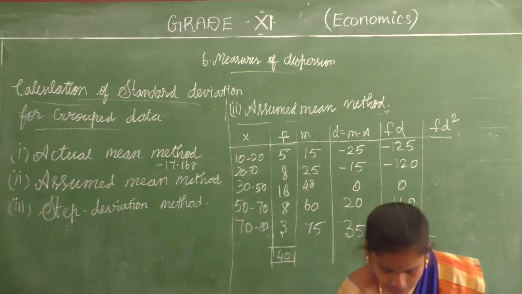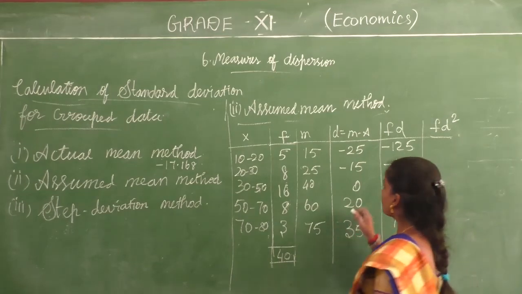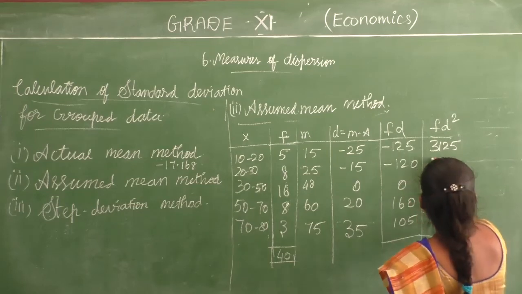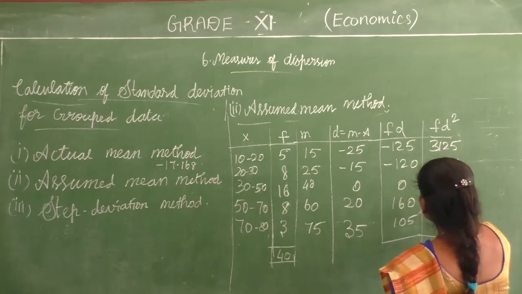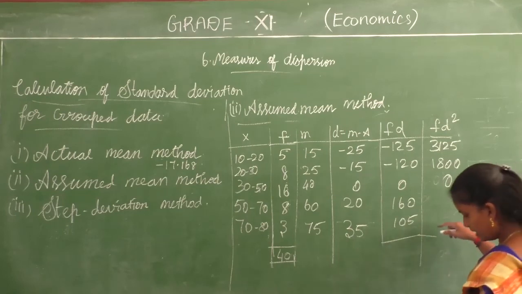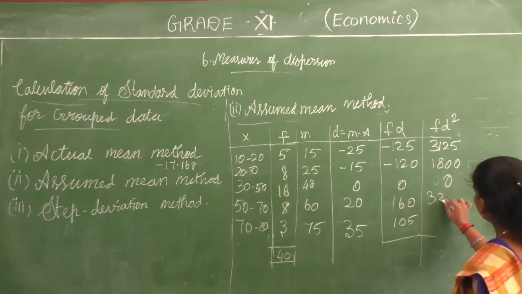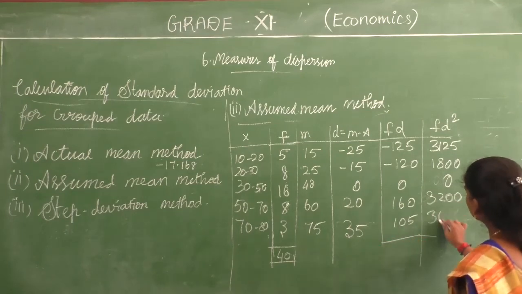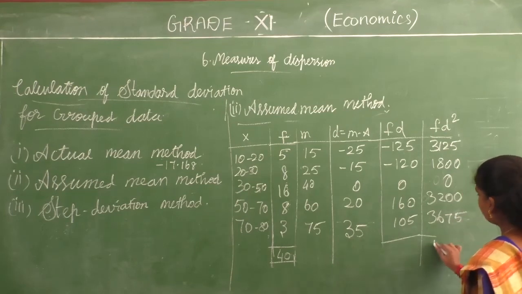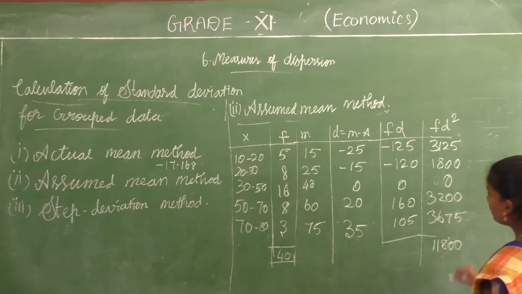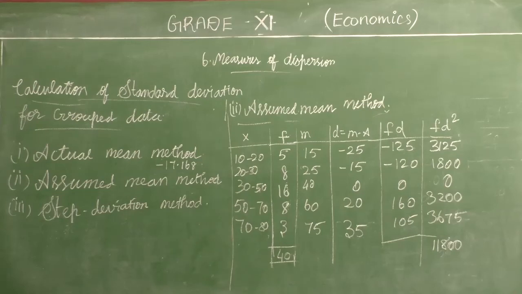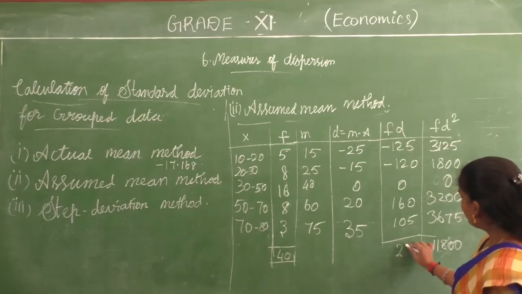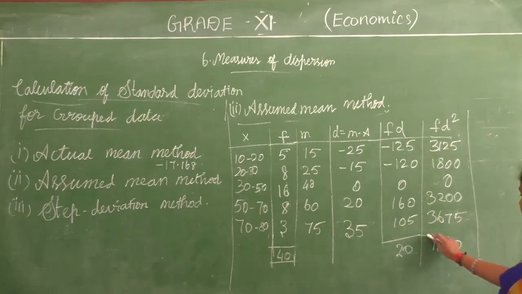The values we get are 3125, 1800, 160 into 20 gives 3200, and 105 into 35 gives 3675. Then the summation of d is not needed; same way we want the summation of fd. That is going to be plus 20.